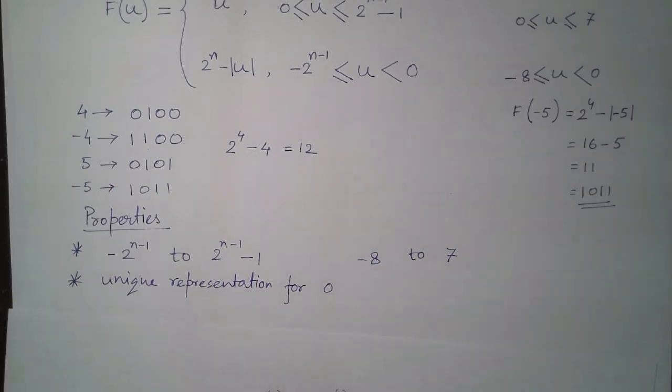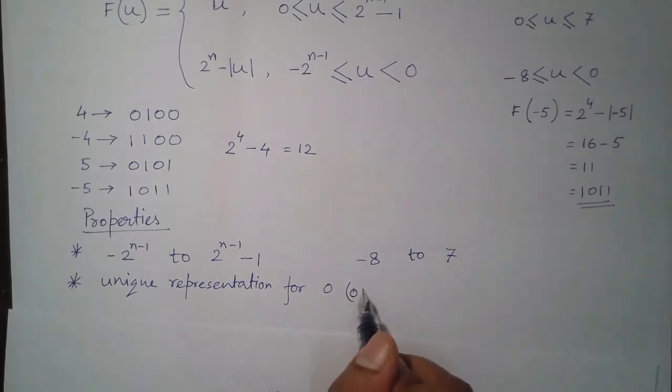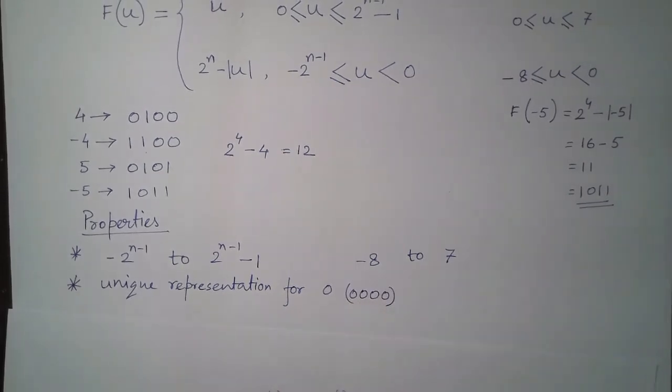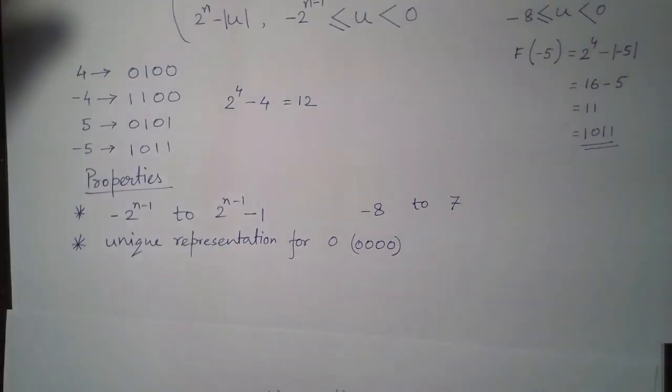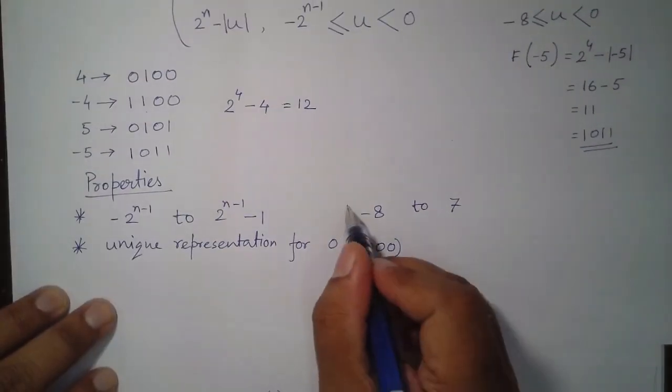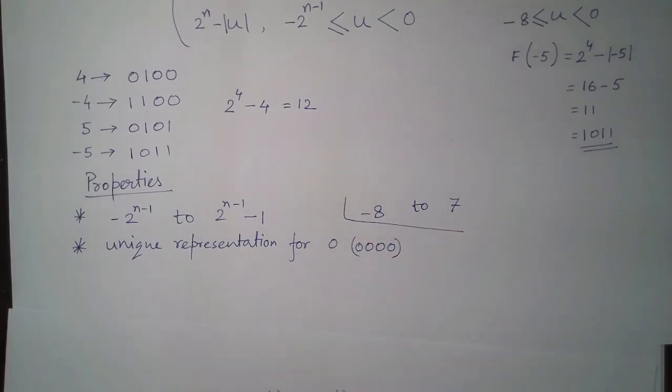So 0 in our 4-bit number system is represented as 0 0 0 0. So there is no ambiguity in the representation of the number 0.